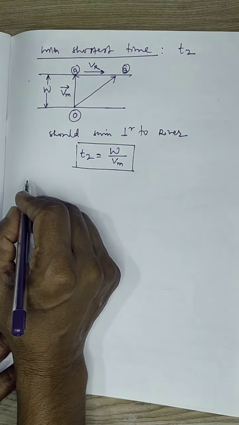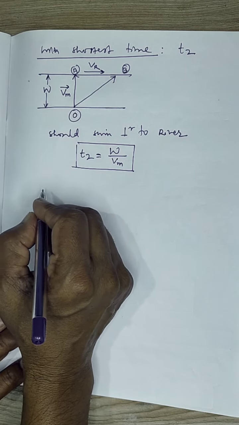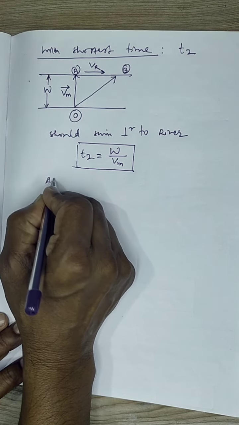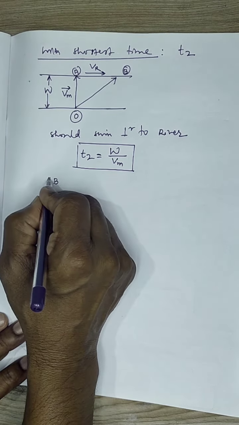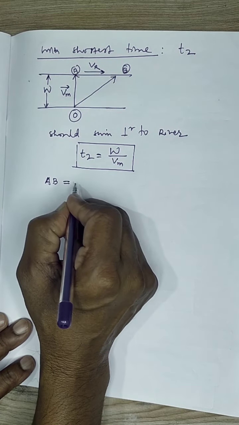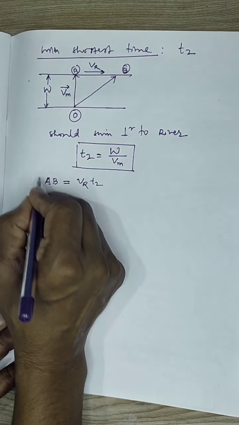In this case, man will touch the opposite bank of the river at B. That is, AB will be the distance which will be Vr times T2.